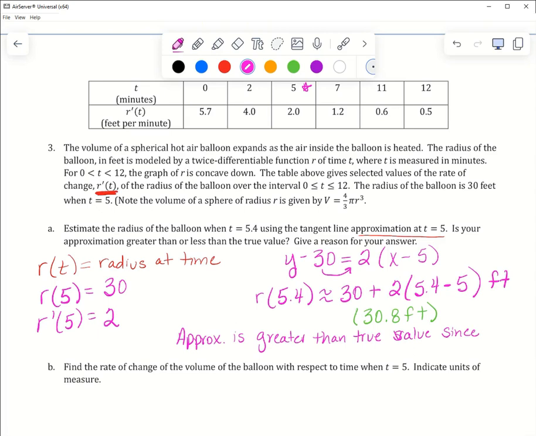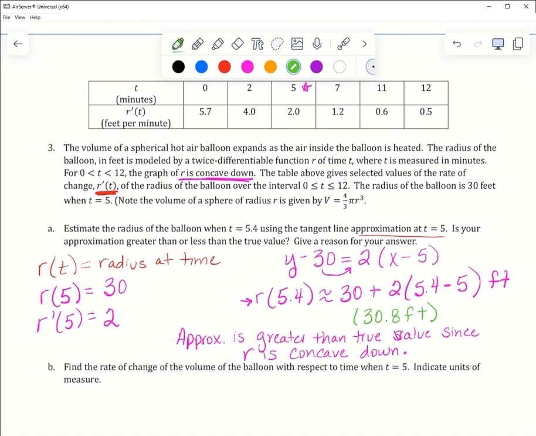What do you need to say? It has to do with r being concave up or concave down. That was given, so you can just state it. Since r is concave down. Tangent line approximations have to do with r being concave down.